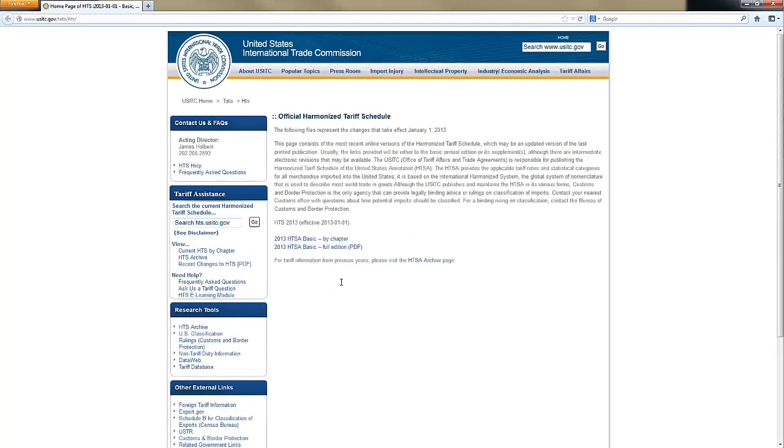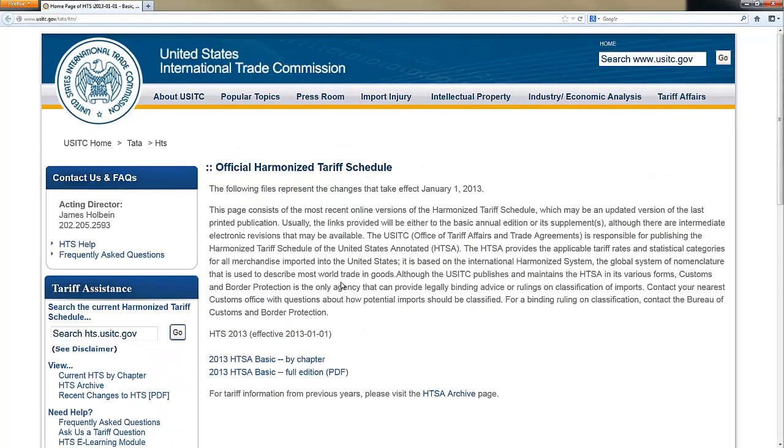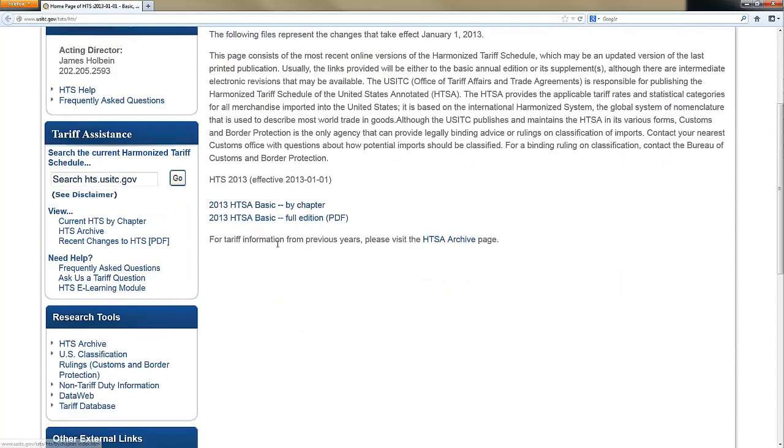Let me make this a little larger. Okay. Hold on just a second. Now, you can download a full copy of the tariff for any given year by downloading a full edition of the tariff, which is several thousand pages.